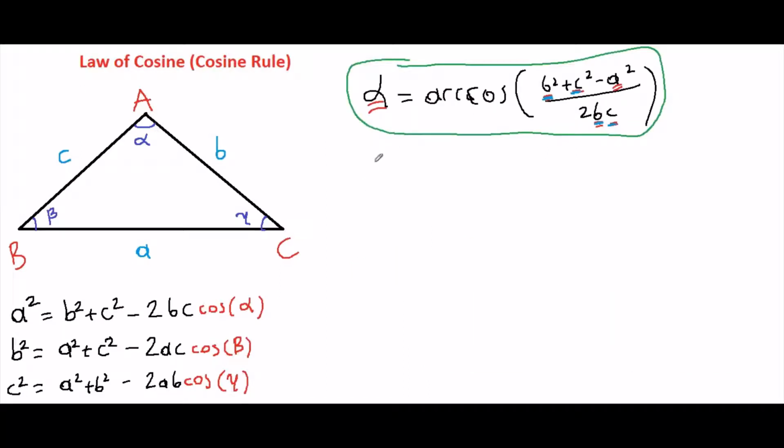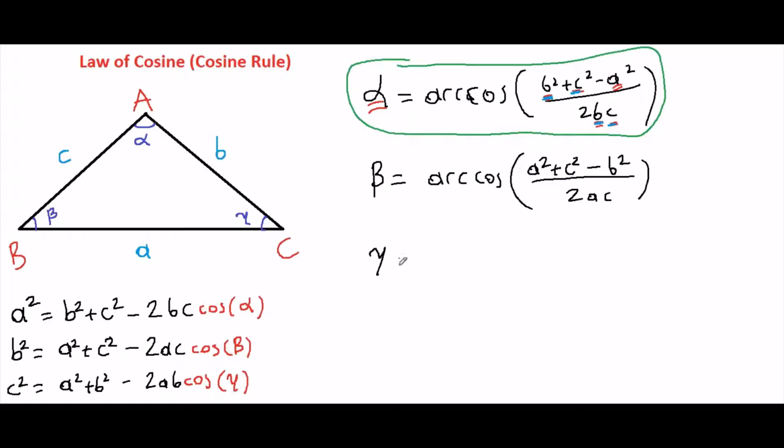So angle beta will be equal to arc cosine of A squared plus C squared minus B squared. Our angle is matching with our side B, over 2 times AC. And our angle gamma will be equal to arc cosine of A squared plus B squared minus C squared over 2 times AB.